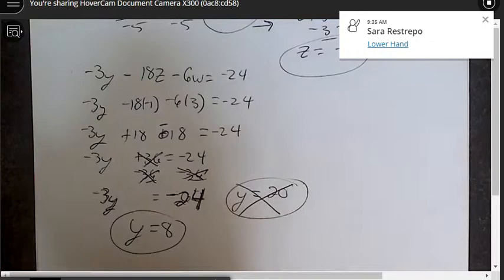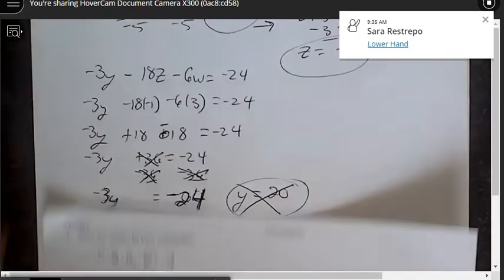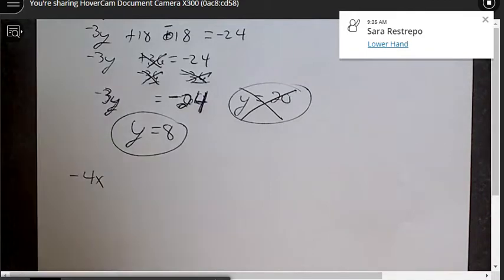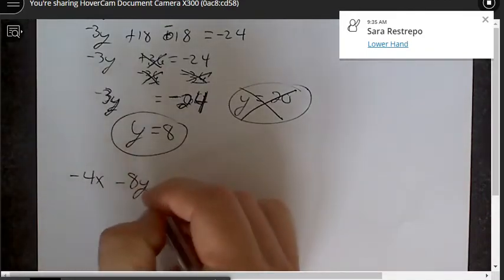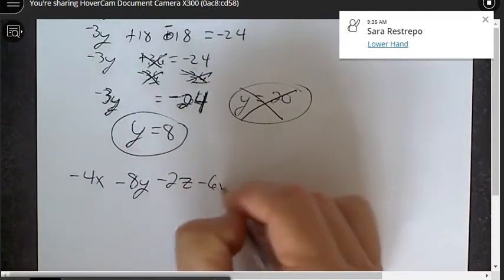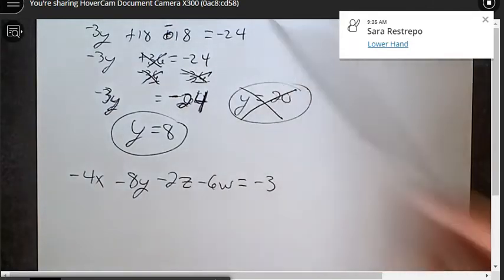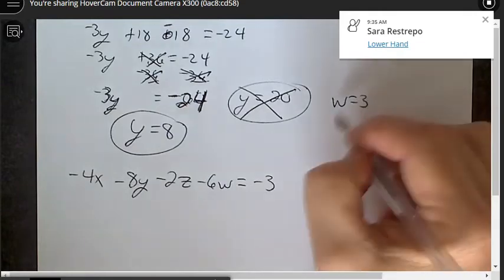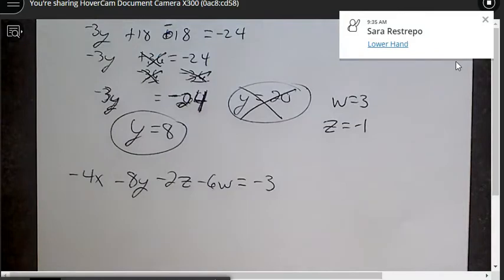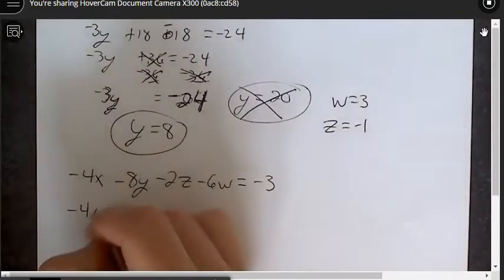All right, and then the last one, we've got negative 4x. Going back to this top equation that we had here. So we've got negative 4x minus 8y minus 2z minus 6w equals negative 3. And we're going to plug in those values from back up here that we had, w equal to 3 and z equal to negative 1. So just go back and plug in all of those numbers there. Okay, so that is negative 4x minus 8.